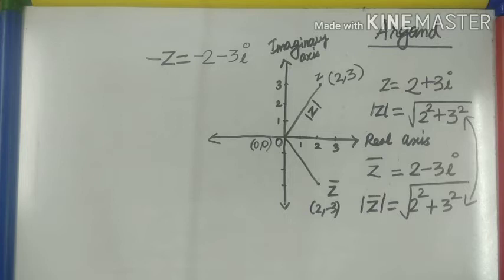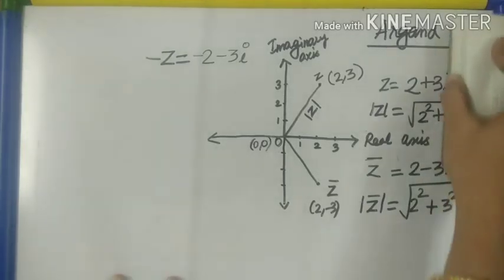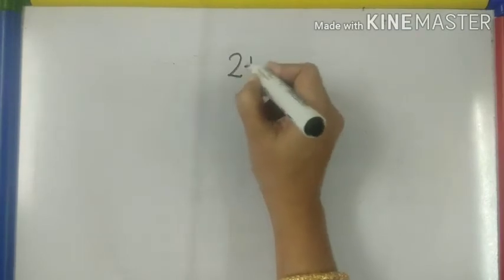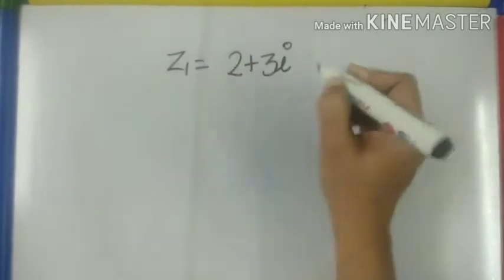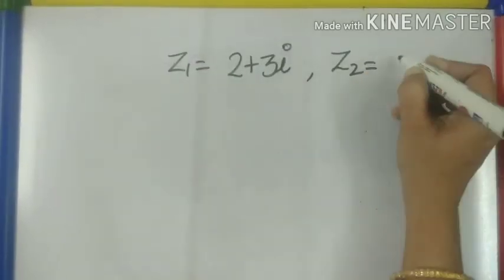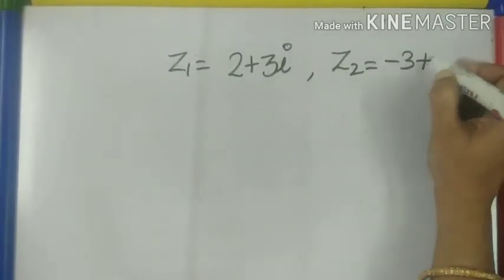Now, how to add, subtract, multiply, divide two complex numbers. Whenever we are learning a number system, I must immediately know how to add two numbers, how to subtract two numbers, and how to multiply two numbers. Let me take, for example, 2 plus 3i, one number, say z1, and another number, say minus 3 plus 5i.